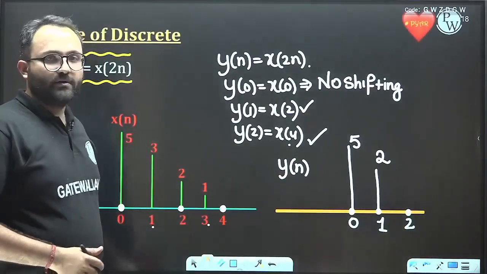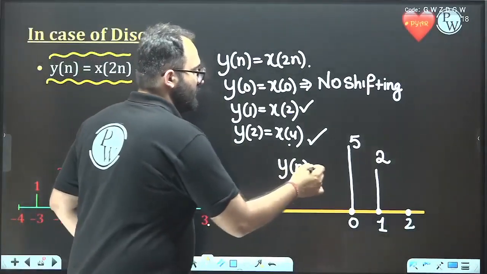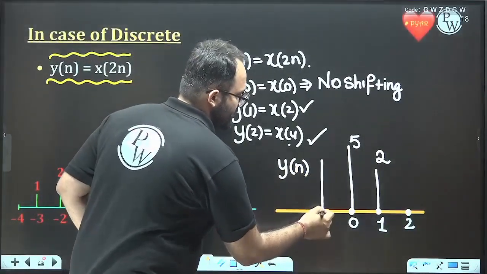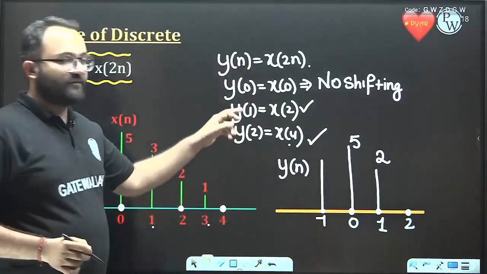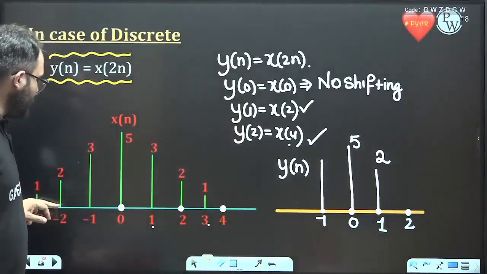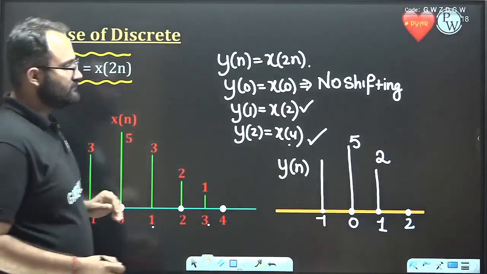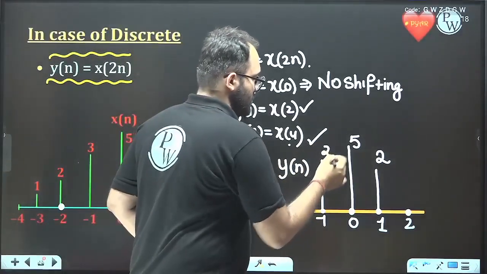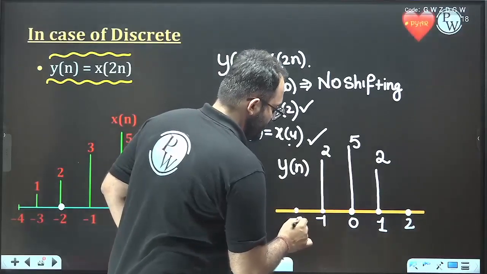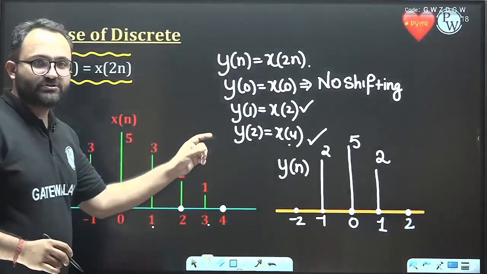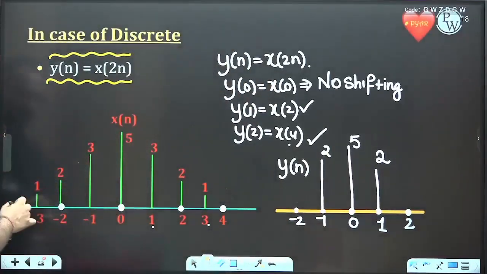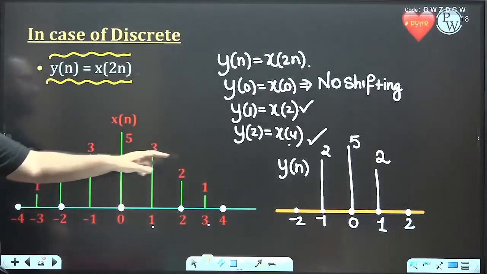Similarly, y of minus 1 equals x of minus 2, which is 2. y of minus 2 is equal to x of minus 4. So x of minus 4 is 0, so we are getting 0.